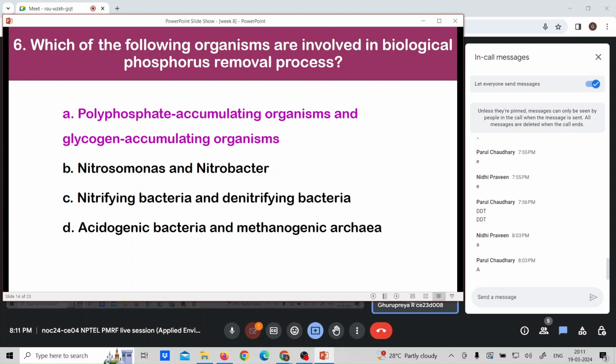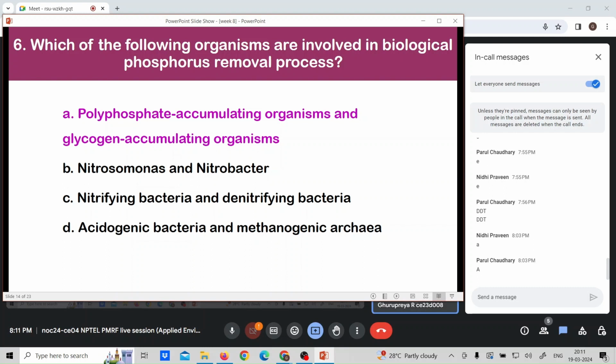acidogenesis, acetogenesis, and methanogenesis. Hydrolysis means you have an organic substrate, like complex polymers, be it carbohydrates, proteins, or lipids. For the bacteria to metabolize them, the first step is to hydrolyze them into utilizable things, like simple sugars and amino acids.